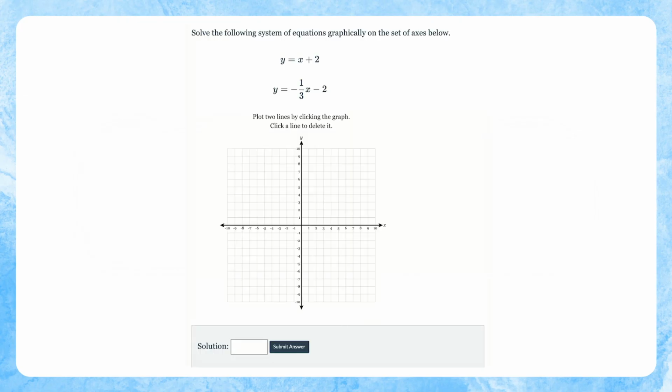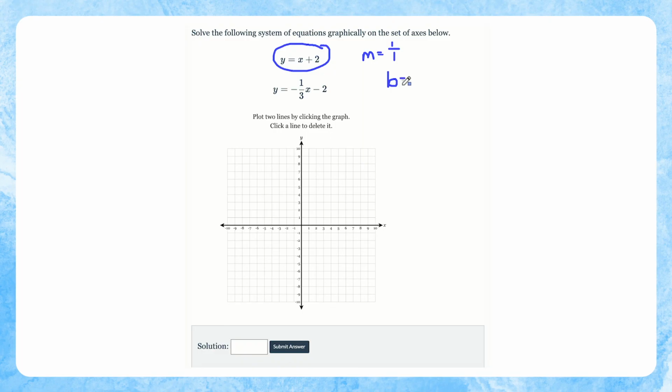So now that we've walked through some examples together, here's a very quick tutorial of how to work on your practice problems on Delta Math. On Delta Math, you'll be given a linear system. What I'd recommend doing is using scratch paper to write down the slope and y-intercept for both of the equations.